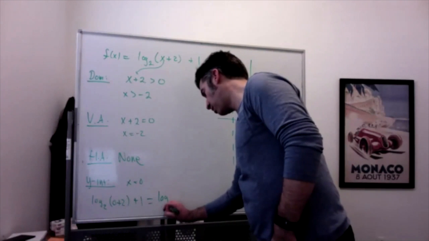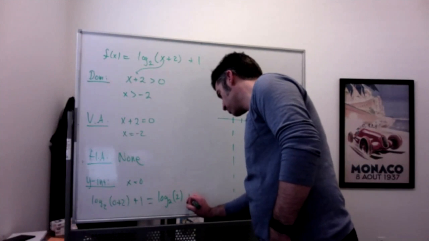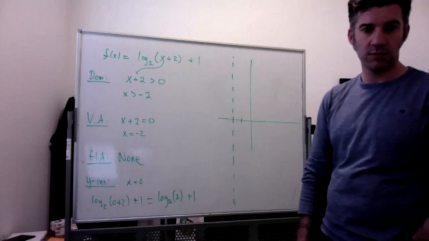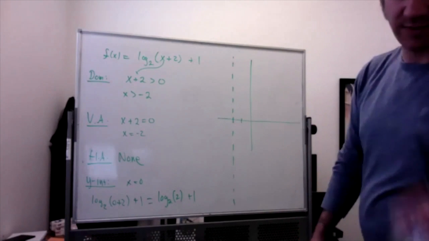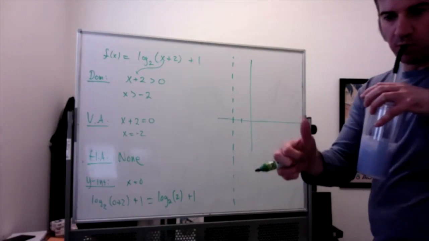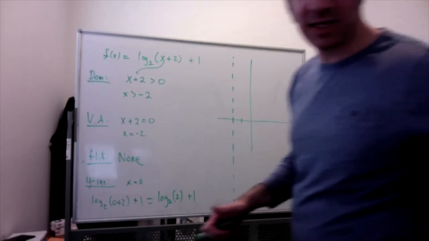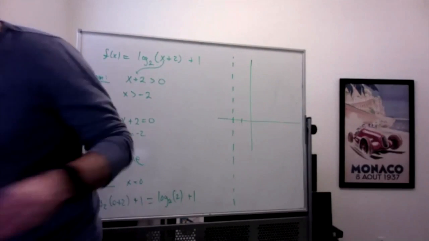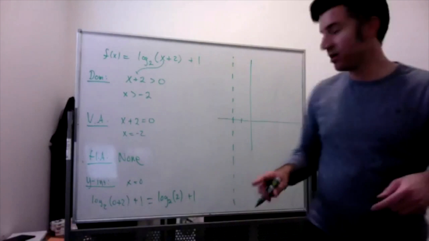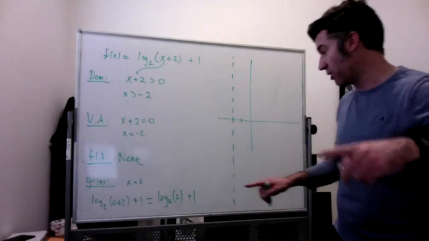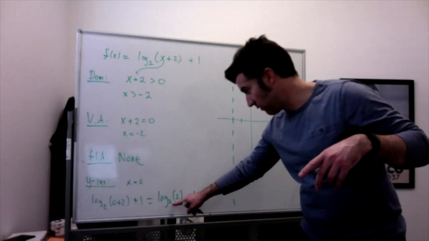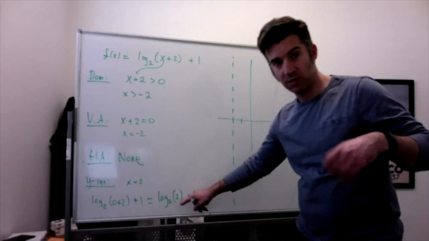What is log base 2 of 2? Yeah, it is 1. Because again, first person's right because 2 to the first is 2. So the answer is 1.